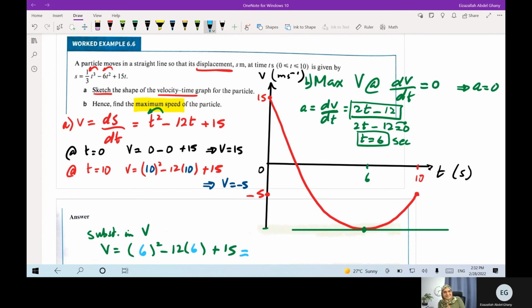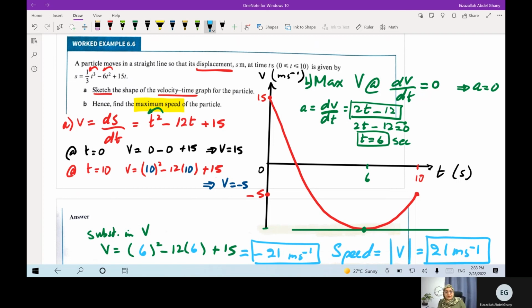Don't panic. When the velocity is negative, it means you return and you are moving in the opposite direction. So now we calculate it, and it will be negative 21 meters per second. If he asks about velocity, say it's negative. If he speaks about speed, remember that speed is the modulus or the absolute value of velocity. We just mention it is 21 meters per second without putting a negative sign.